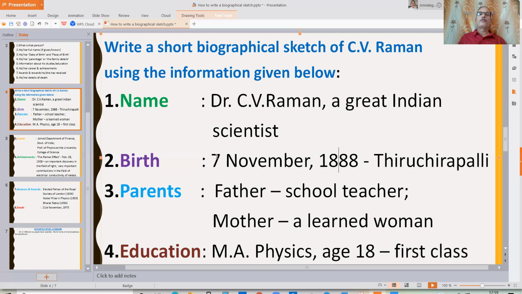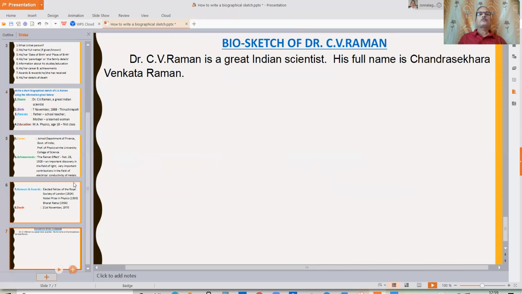So before you write the date of birth of a person, what do we have to write? He was born on. So this is the standard phrase we have to write. On 7th November, 1888.